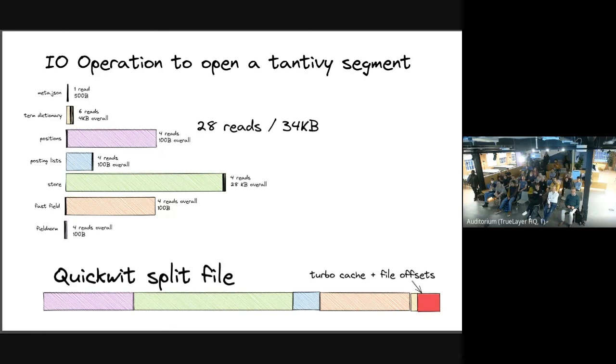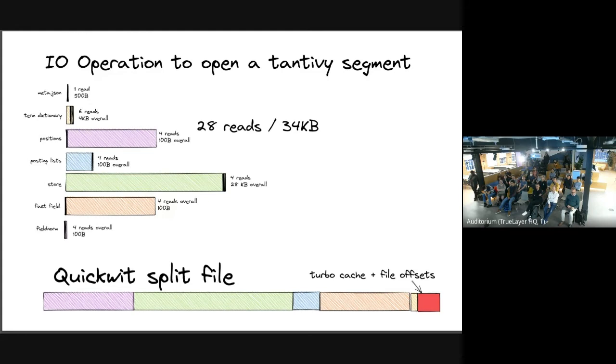In the case of Tantivy, a split is just a Tantivy segment, so it's a piece of index. You have a bunch of files in it, like the meta.json describing the schema. You have the term dictionary, the positions, the store where we have all the documents that we want to store.